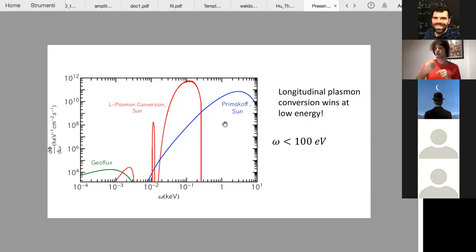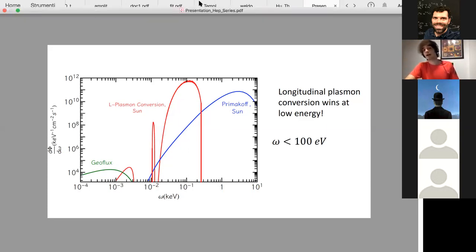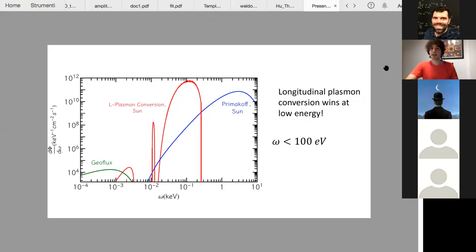So there you are not using the coupling to photon, you are using the coupling to electron. I see. And I will comment on that because it's also very important for the comparison that I will do with a very nice paper by Benjamin Safdi and Chris, who is a PhD student in Michigan. Okay, thank you for the question.